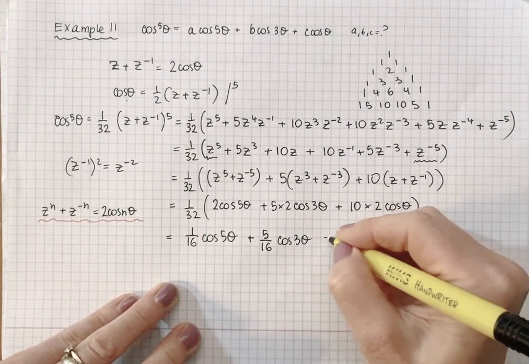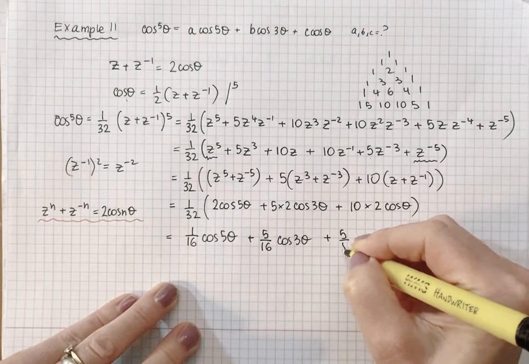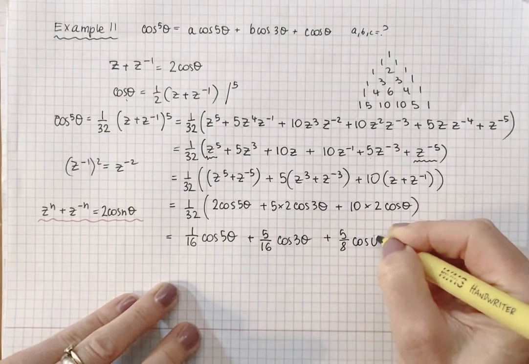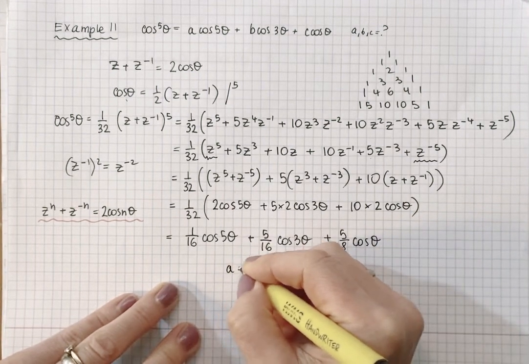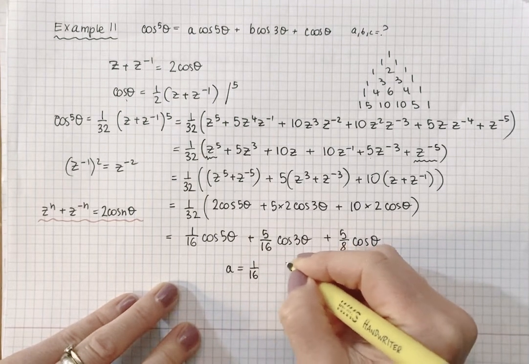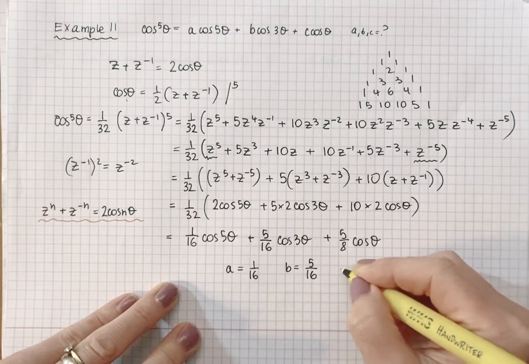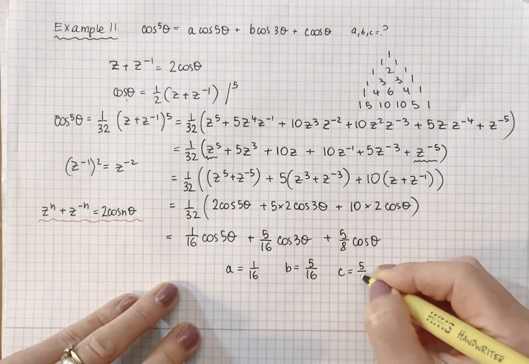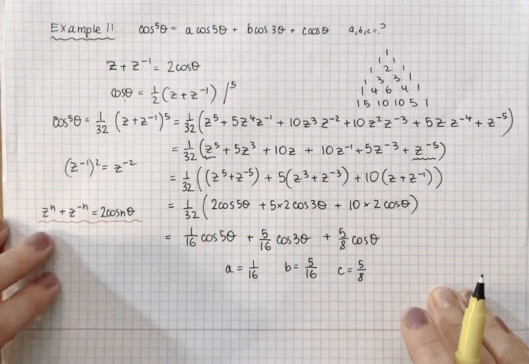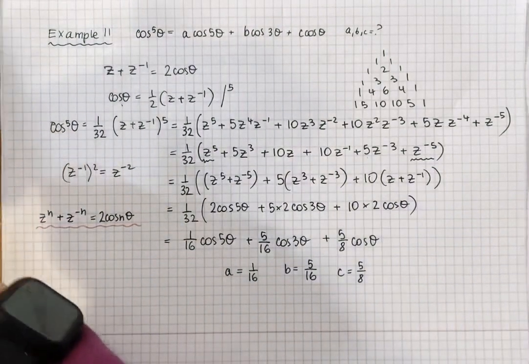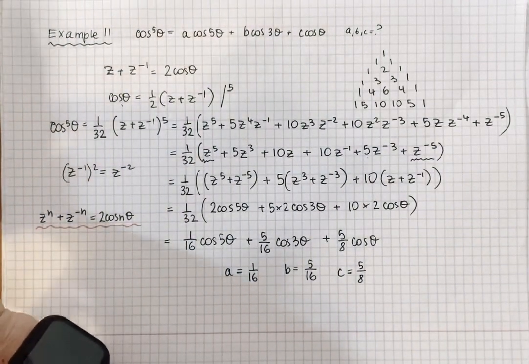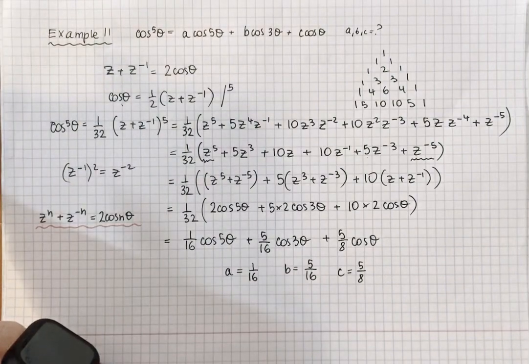You're going to get 5 over 8 cos theta. So the values are A is equal to 1 over 16, B is equal to 5 over 16, and C is equal to 5 over 8. There you go. So this takes us to the end of example 11.